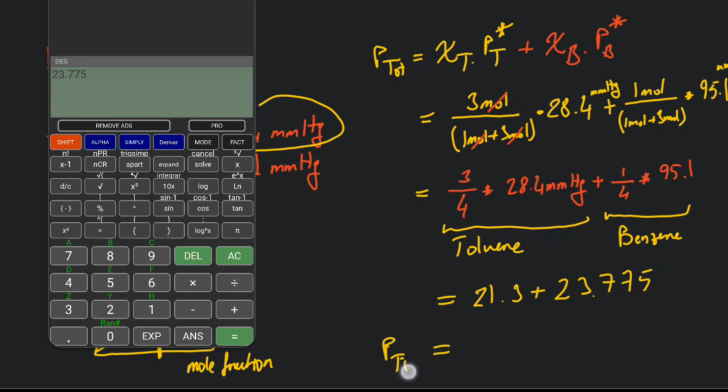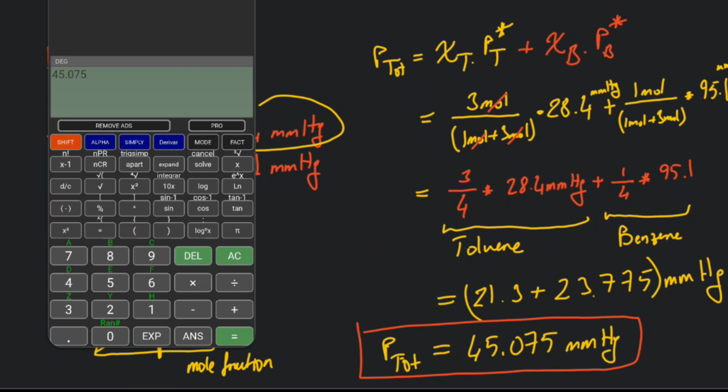And P tot will be equal to this number plus 21.3, which is 45.075 torr. By the way, we should include the unit also here. Don't forget. And this is our answer. I hope this video was useful for you.